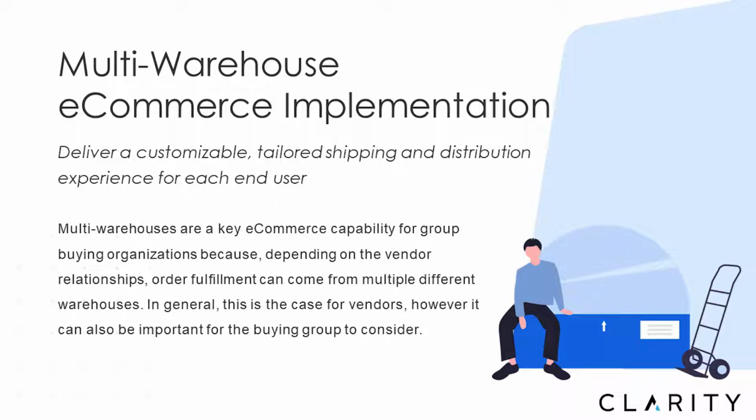So let's kick off by defining what multi-warehouse is and why it's so important to buying groups. We lightly talked about it in a previous webinar chapter about inventory management specifically, where we talked about how buying groups come to you because typically they're buying in large quantities, whether that's a large quantity of buyers like at a Costco, or whether they're buying in bulk.